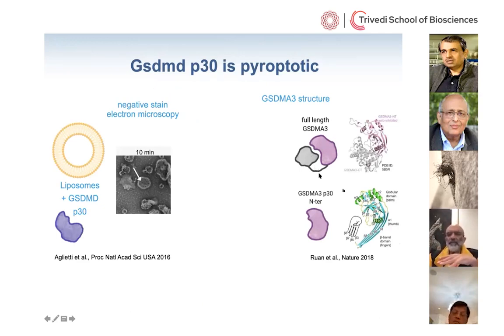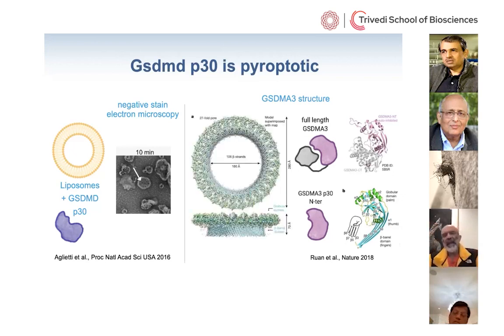But once you remove P20, P30 is unsheathed, and these beta barrel domains splay out and insert themselves into the membrane. And this is a structure from Hao Wu, which is 27 P30s put together to form this pore with an 18 nanometer diameter.